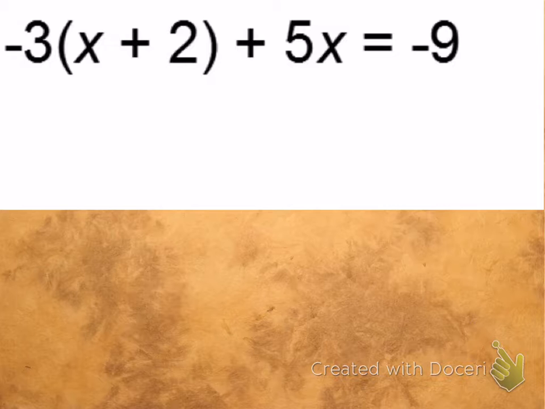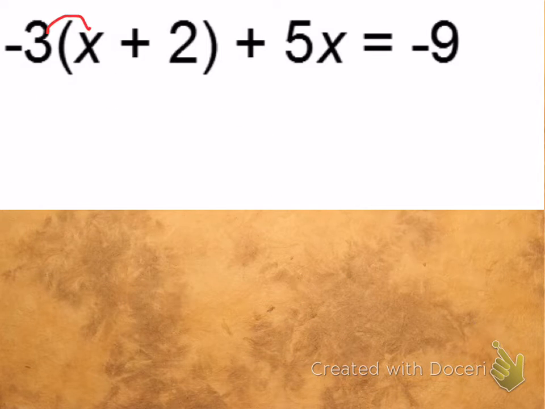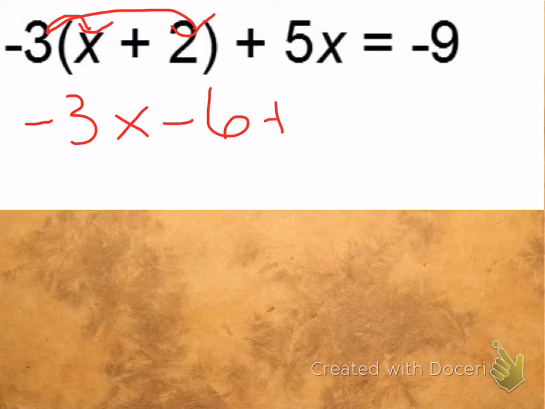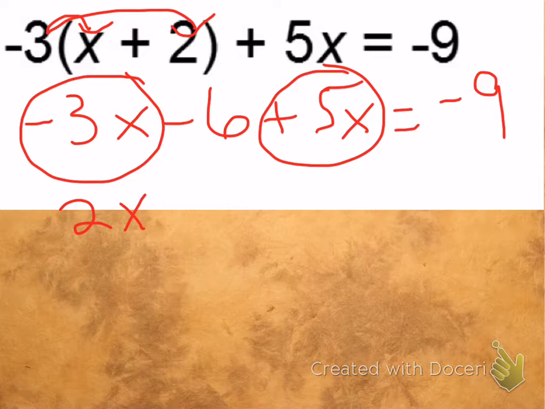Here's another problem where we need to distribute the negative 3. So distribute the negative 3 to the x and negative 3 to the 2. So I have negative 3x minus 6 plus 5x equals negative 9. Now from here I combine my like terms. Negative 3x plus 5x is 2x. So now I have 2x minus 6 equals negative 9.